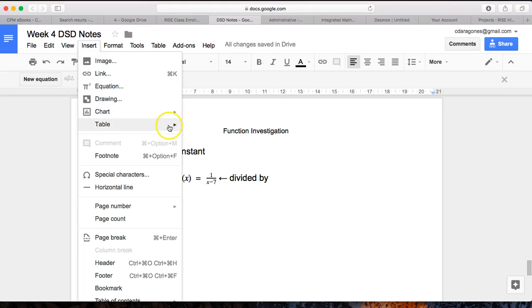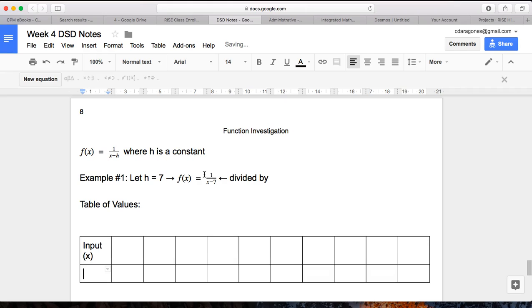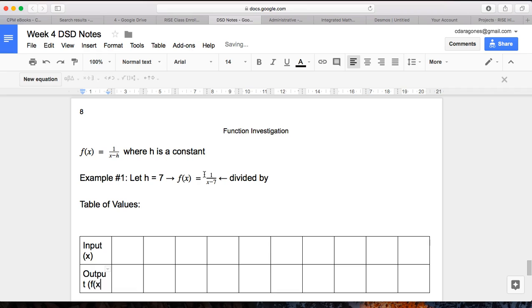It's going to be 2 rows, again, with an input and an output, and then we'll do, let's say, 10 columns, okay? So there's our input, which is our x, and there's our output, which is our f of x, okay?